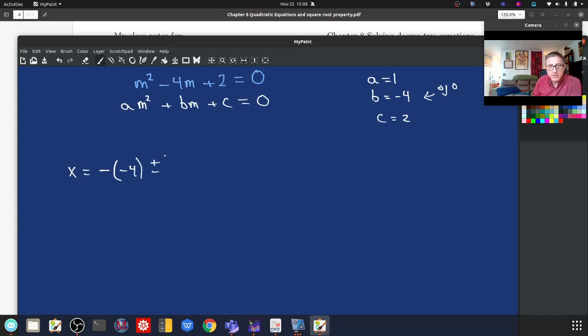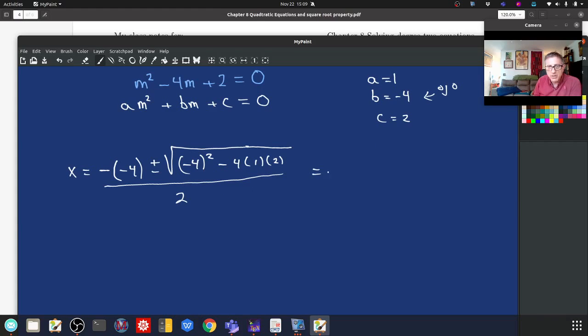Plus or minus the square root of b, which is minus 4 squared, minus 4 times a, which is 1, times c, which is 2. And that needs to be extended. The radical sign goes over all of this part, the b squared minus 4ac. And all of that's going to be over 2 times a, but a is equal to 1.